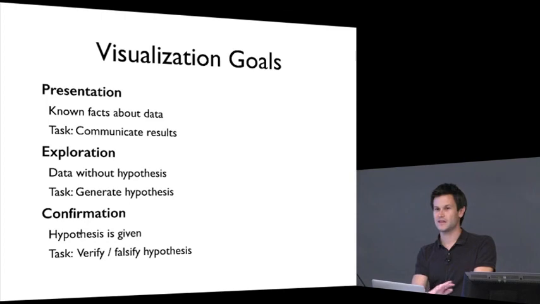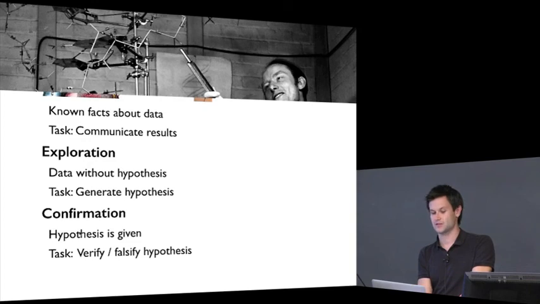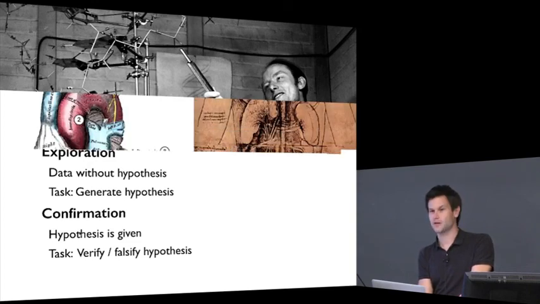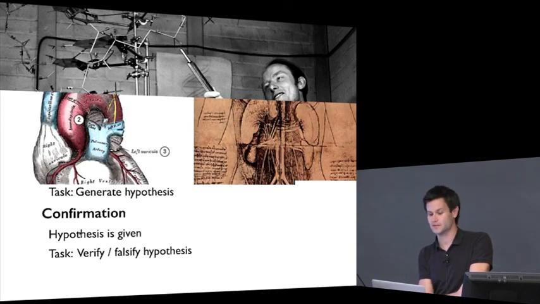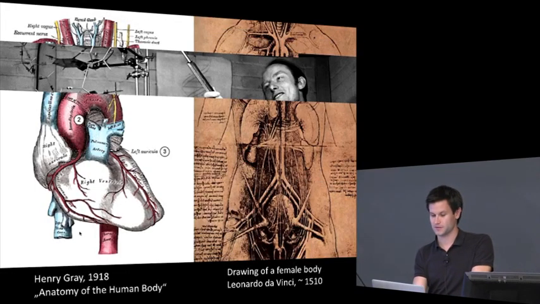But we have also these other tasks, which are exploration and confirmation. In exploration, we don't have a hypothesis, and the task is to generate one using the visualization. And confirmation is when you have a given hypothesis, and your task is then to verify or falsify this hypothesis.